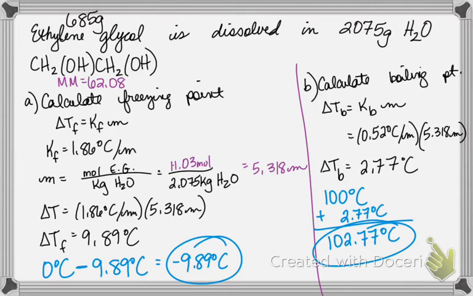And for freezing point, it's depression. So we're always subtracting it. Okay? And this is ethylene glycol, as this problem states. It's antifreeze. It goes in your car's radiator. You put water in your radiator because it helps cool the engine.